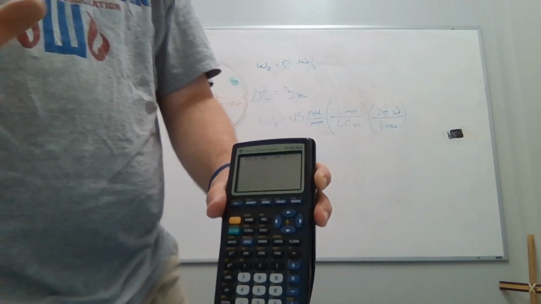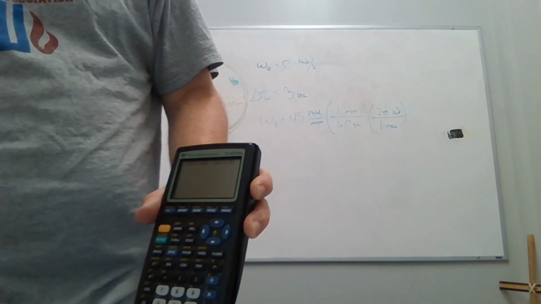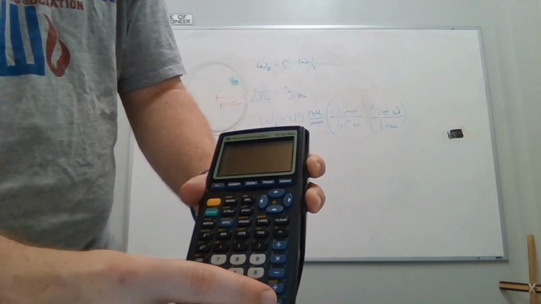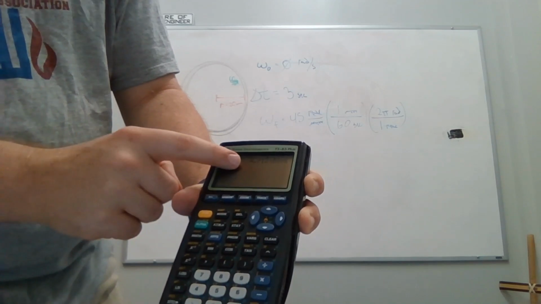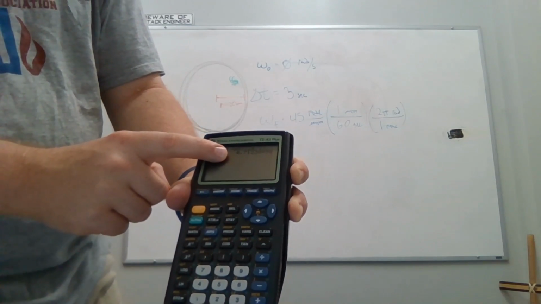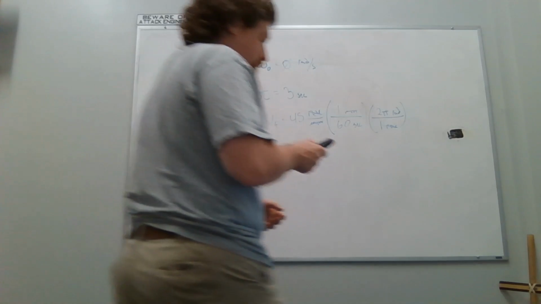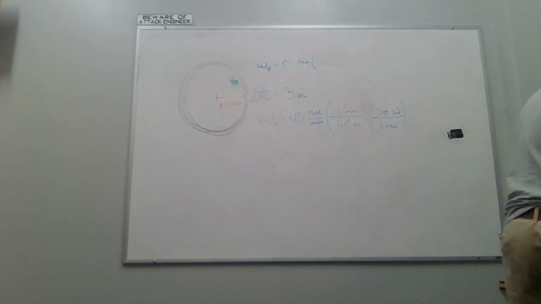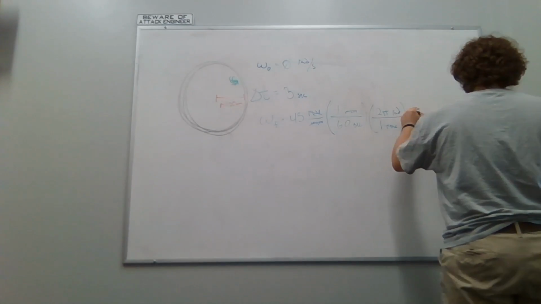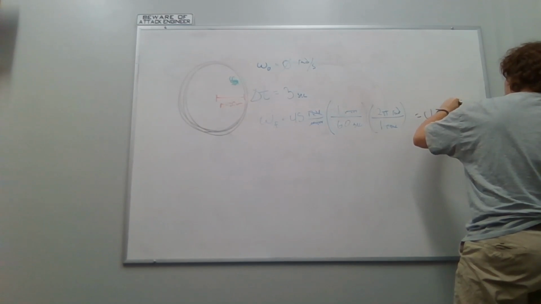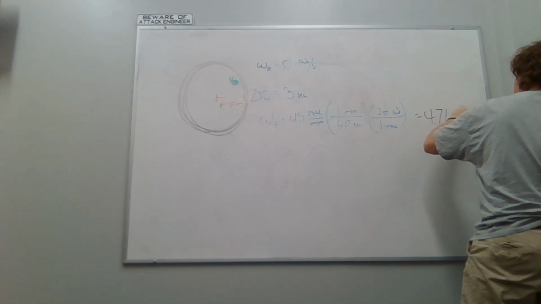I presume if you all have different calculators, that's fine. Just know how to access the pi function on your calculator model. If I press enter, that's going to give us the angular speed in radians per second. So, our angular speed is 4.71 radians per second.